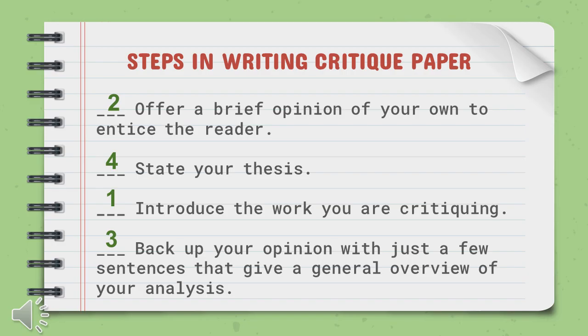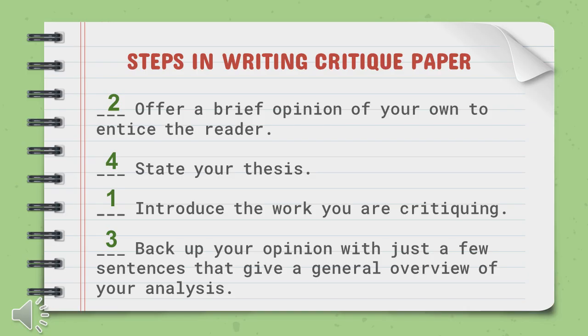Next, we have the steps in writing a critic paper. The first step is to introduce the work you are critiquing. As you introduce the work, it's very important that you understand the context of the work. Second step is to offer a brief opinion of your own to entice the reader.